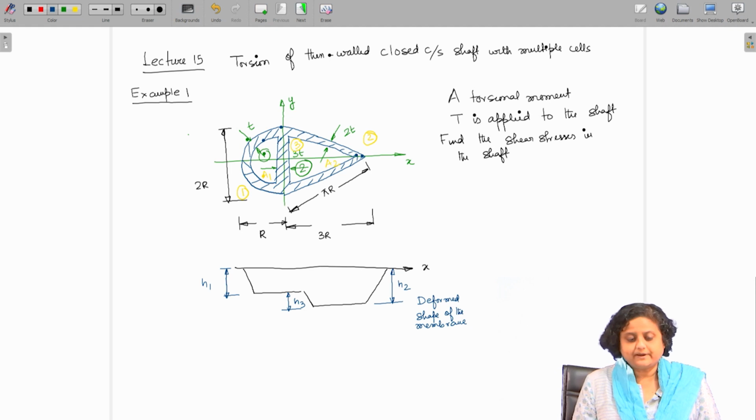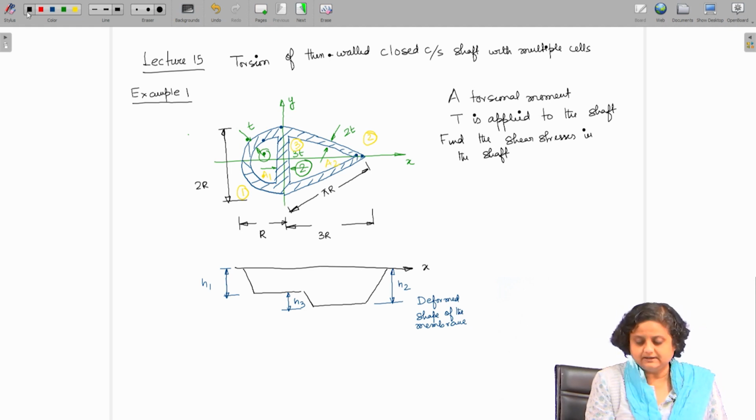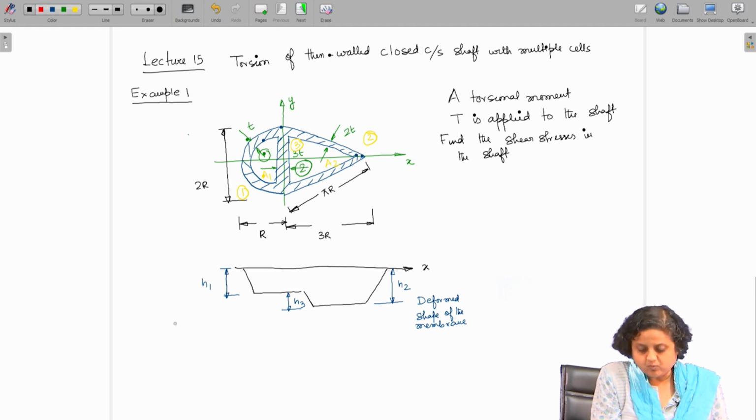Now, from this picture, as we have done earlier, tau 1 can be written as H1 by T1, which means tau 1 into T1 is H1.